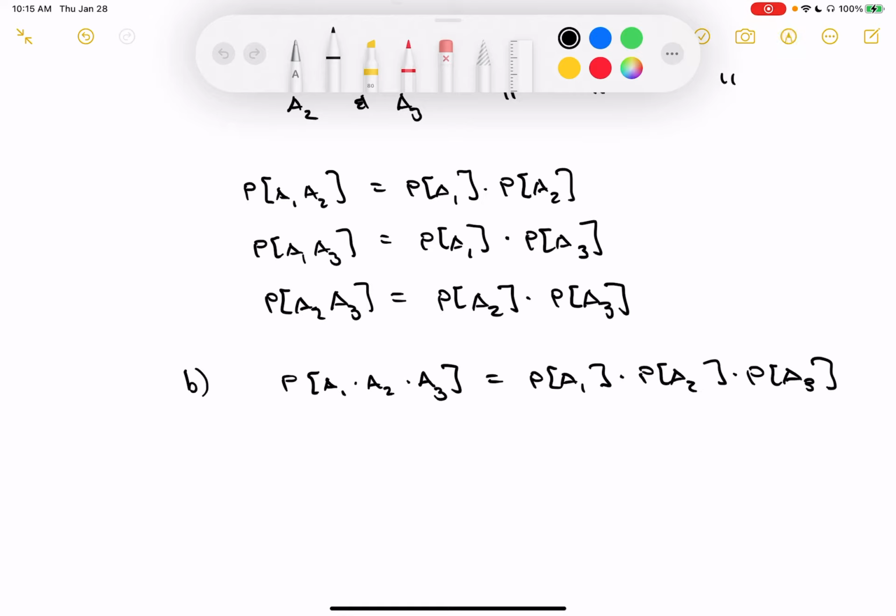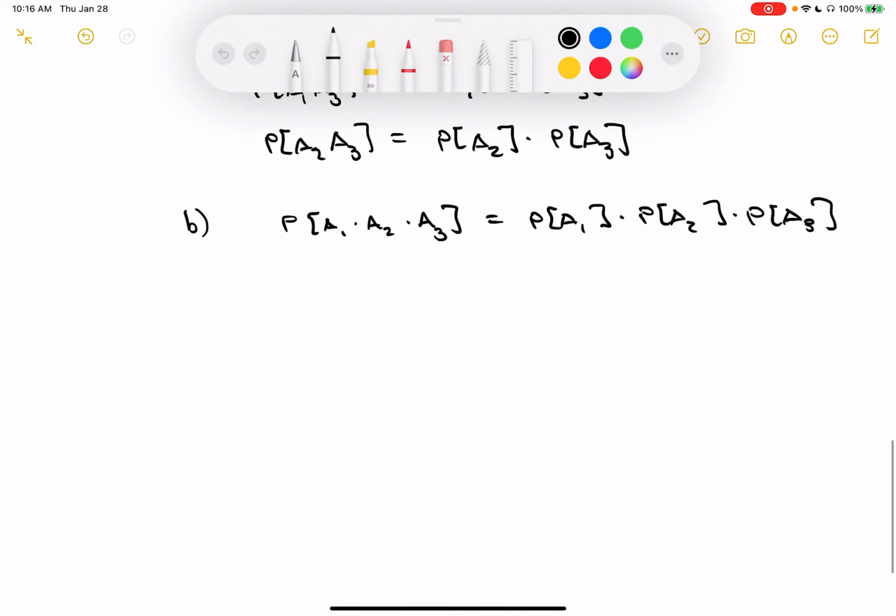So you can take a look at all of these different probabilities, and if each one of these expressions hold, then we would know that the sets A1, A2, A3 are fully independent across all combinations. A reminder again, it is possible to have sets A1, A2, A3 whose intersection probability is a product of their individual probabilities, but for which those pairs do not hold those necessary conditions, in which case the events A1, A2, A3 would not be independent. So you have to show it all the way down.